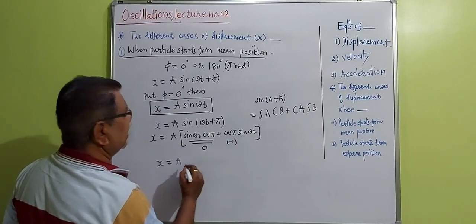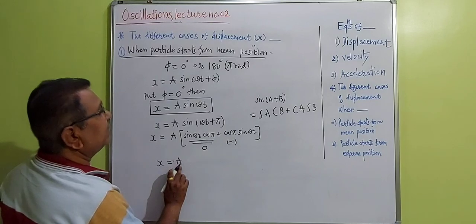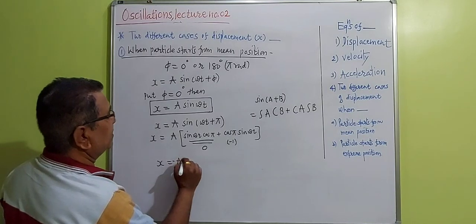So we get x is equal to minus A sine omega t.